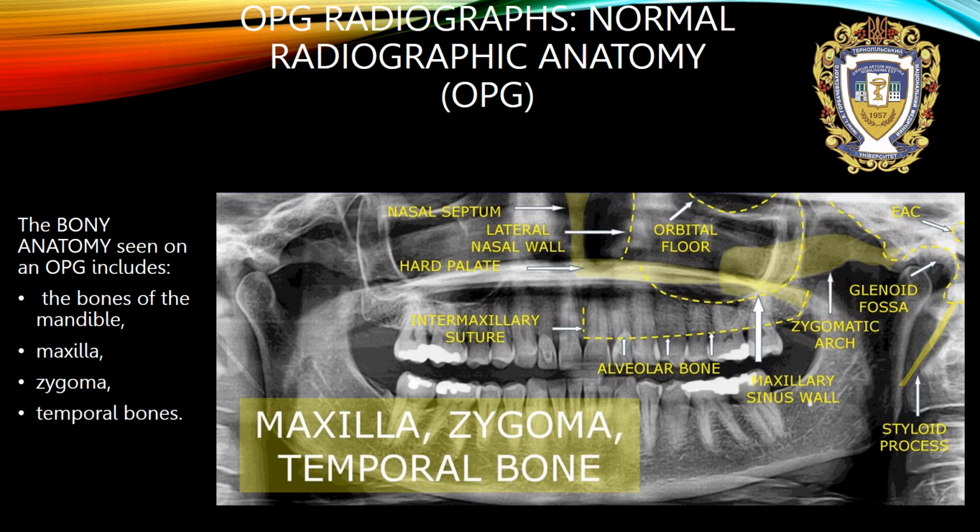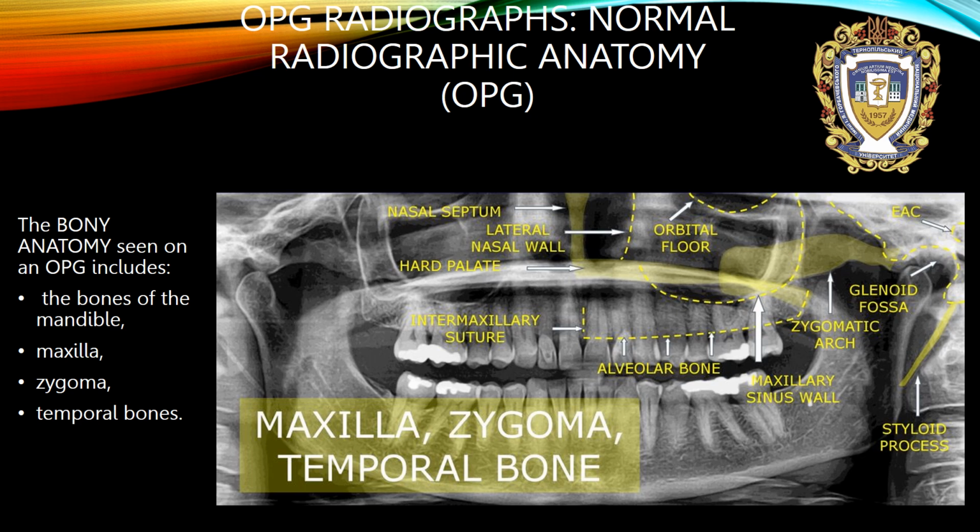Of course, level of alveolar bone. Next, bony anatomy seen on OPG includes the bones of the mandible, maxilla, zygoma, temporal bones. Maxilla, orbital floor.